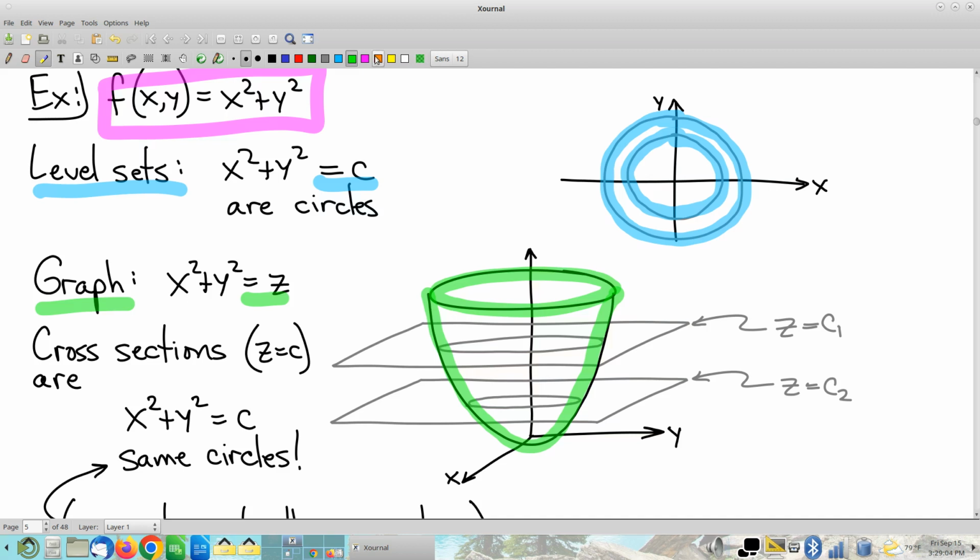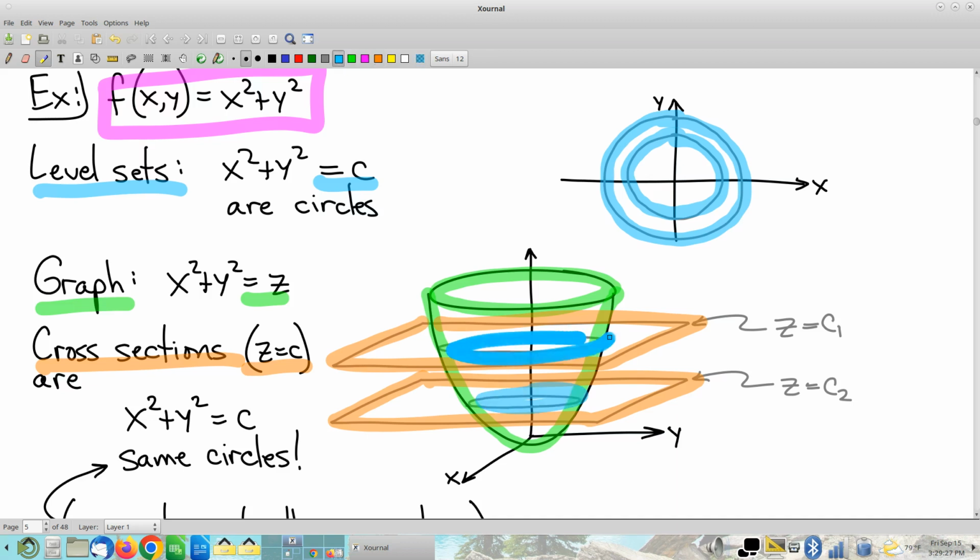Because again, if we were to take cross sections, setting z equal to various different constants, like that. And here's some horizontal cross sections, and I appeal to your geometric intuition. What happens when I take a round bowl and I take horizontal slices like this? Well, what I get are concentric circles.